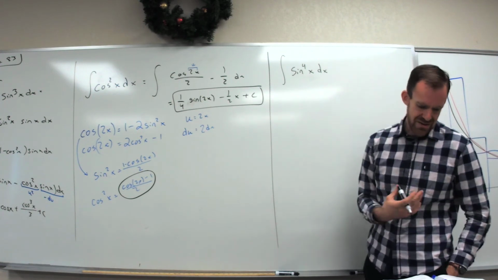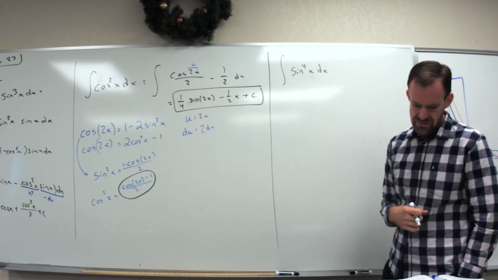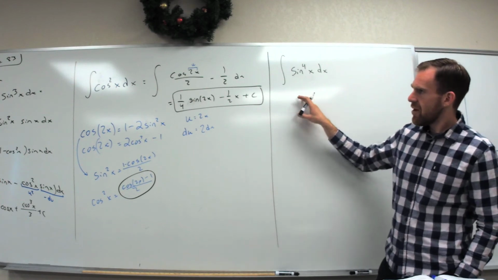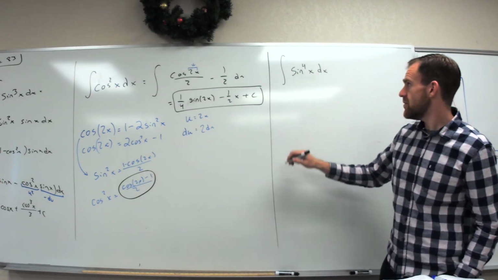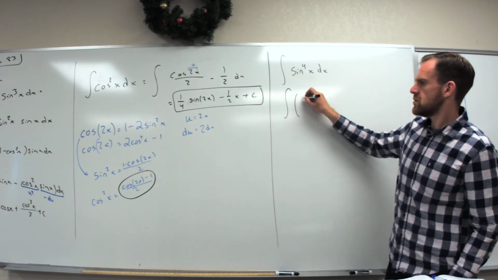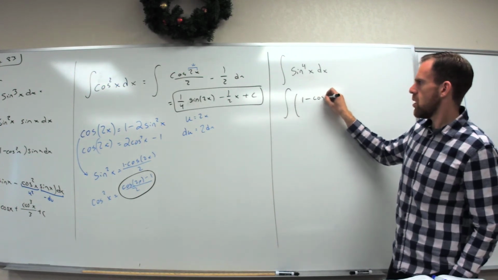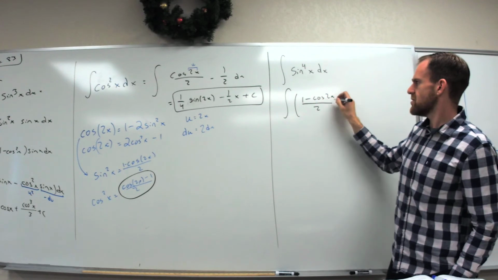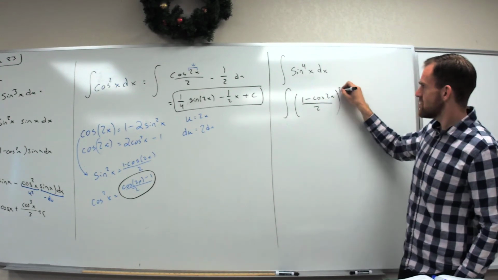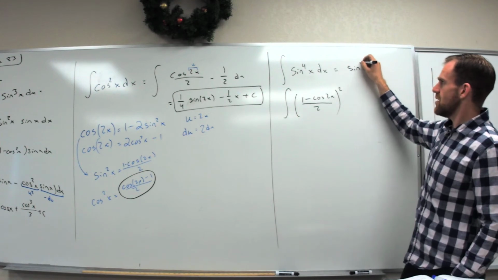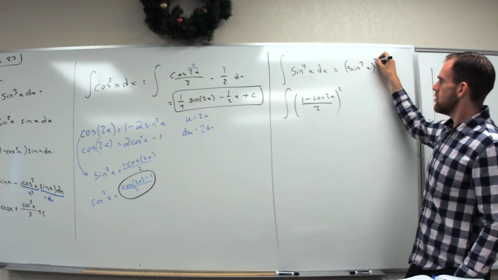Well, we're going to try the same thing again. So we have sine squared is 1 minus cosine of 2x over 2, right? But we have that squared, because this is sine squared squared.